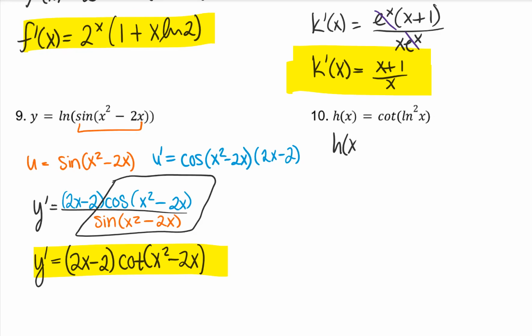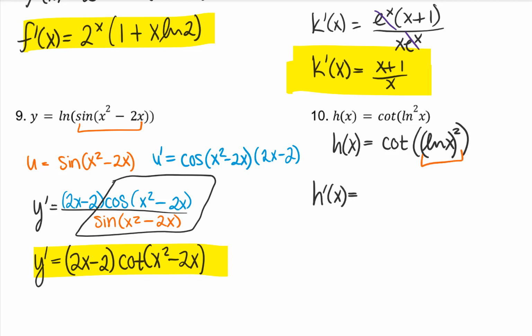Similar to tan squared, when you have ln squared, that is just taking the ln function and multiplying it by itself. So natural log of x, that's going to be squared, and then we're going to take the cotangent of that. When we derive, we start from the outside in. So we're taking cotangent of u.